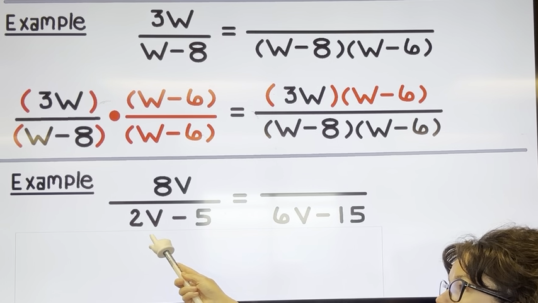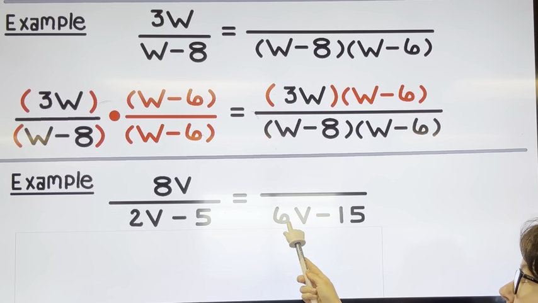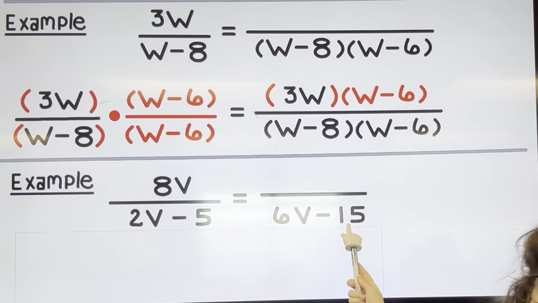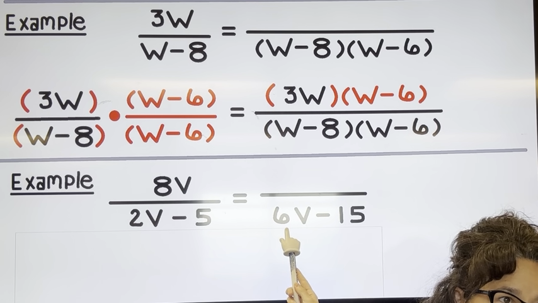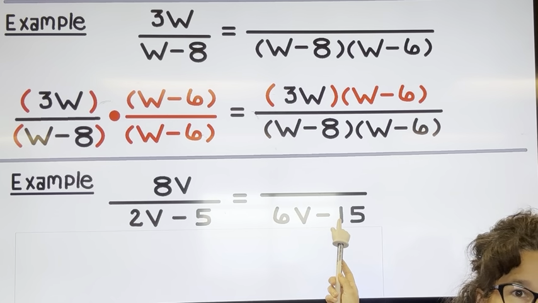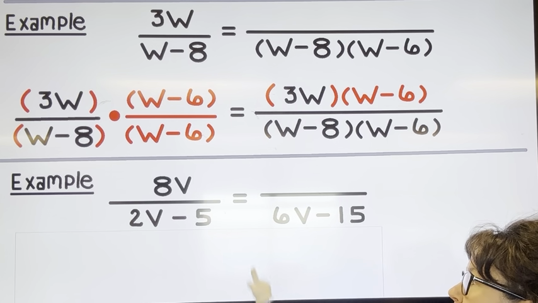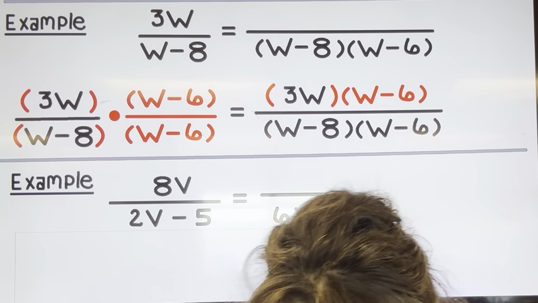Okay, now this one looks a little bit different. We're trying to force a denominator of 2v minus 5 to look like 6v minus 15. And notice that 2v turned into 6v, and negative 5 turned into negative 15. So what was happening there is they were being multiplied by 3.